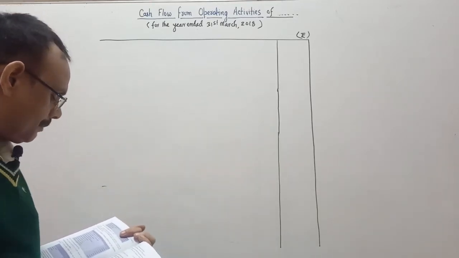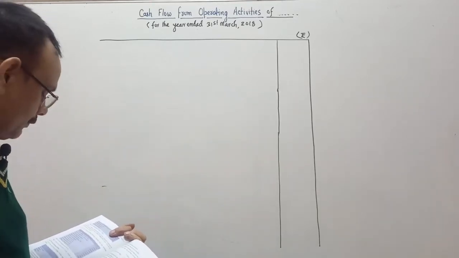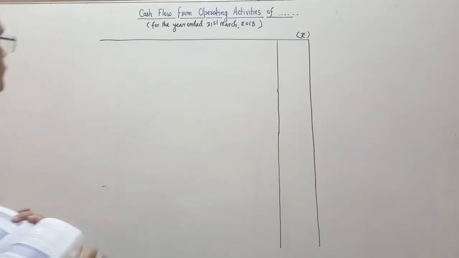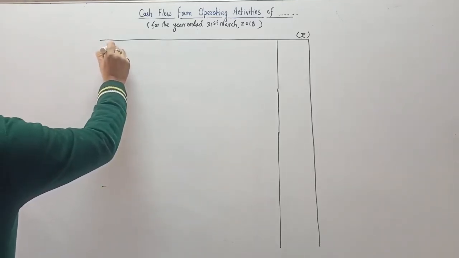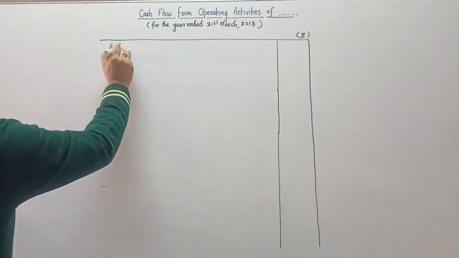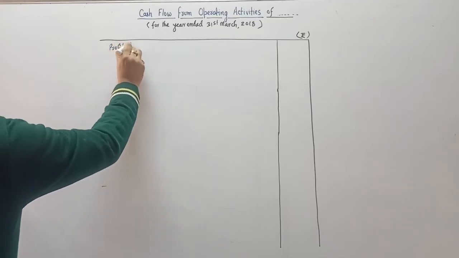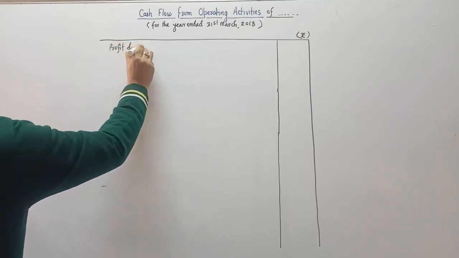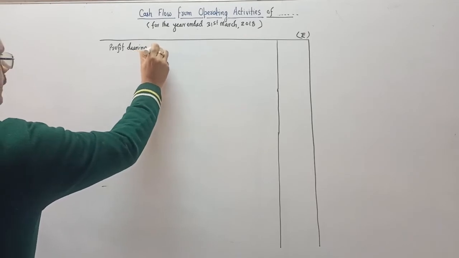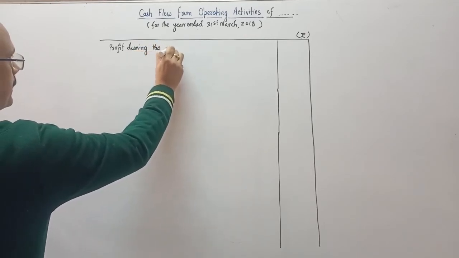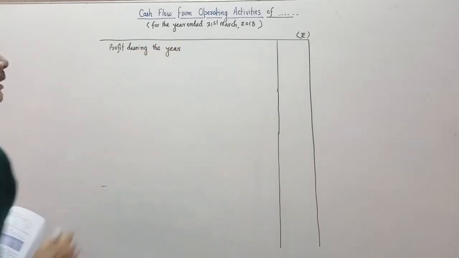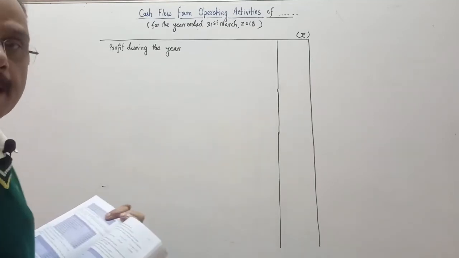We'll start with the profit. Profit during the year, which is given in the question, is the profit after appropriation.